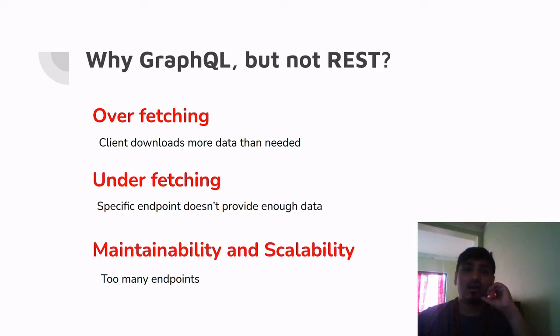And why GraphQL but not REST? There are many reasons, but if we pinpoint the major ones, the first is that GraphQL solves the problem of overfetching, because the REST API endpoints we make contain unnecessary or extra information that may not be used by the client.